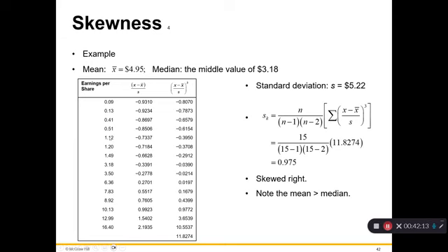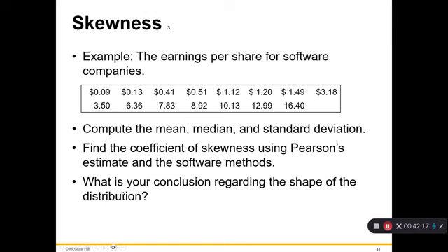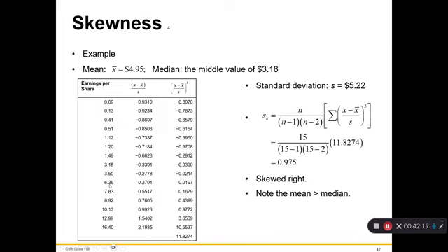So you have this data set, the earnings per share values given here, and you need to use the formula that I was talking about. When we use Excel to find the descriptive statistics, it gives us a mean value of 4.95. The median, the middle, is 3.18, and the standard deviation is 5.22.